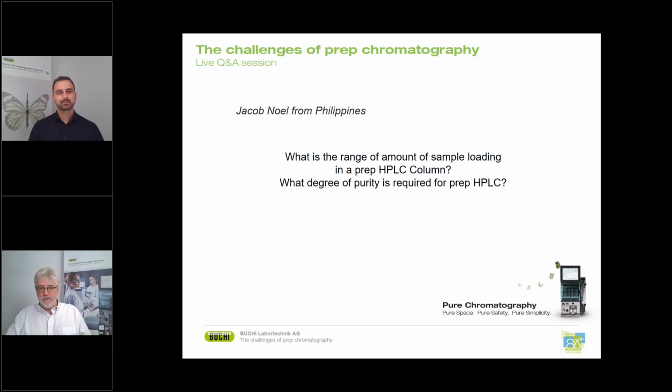If you have a 150 millimeter column, a 15 centimeter long column, the minimum amount that you're allowed to load is the square of the diameter. So it means that if you have a 10 millimeter column, the minimum amount is 100 milligram. The maximum amount is about 10 times more. That is for a silica packing material.